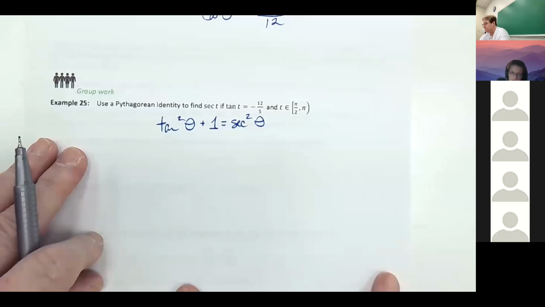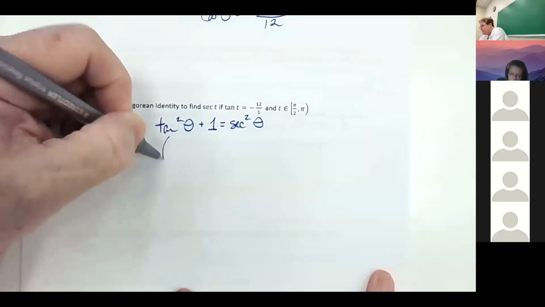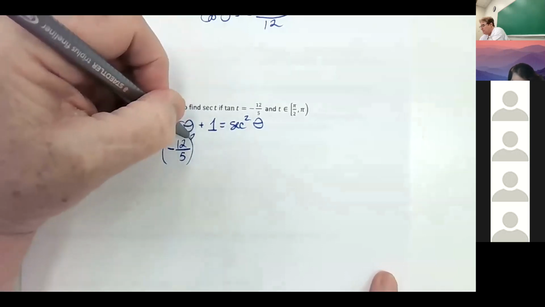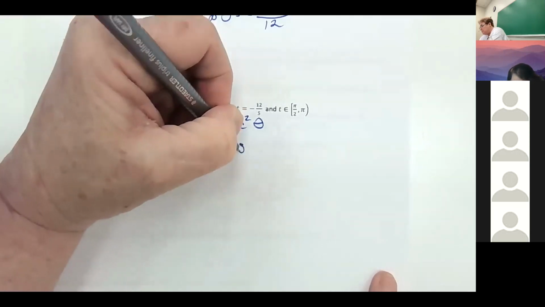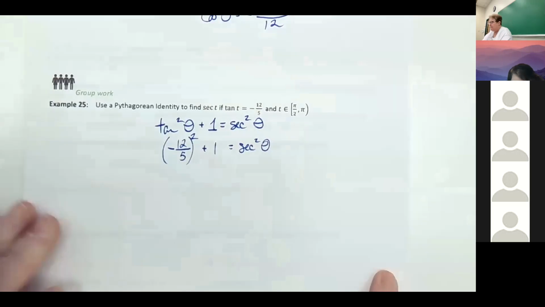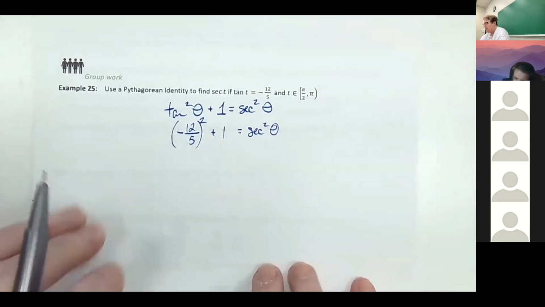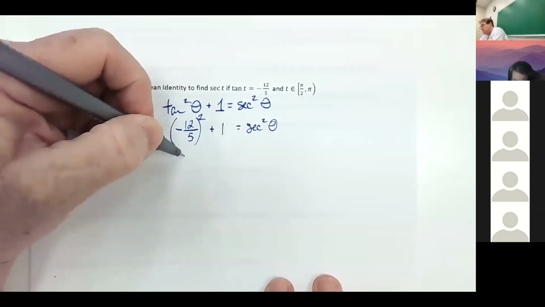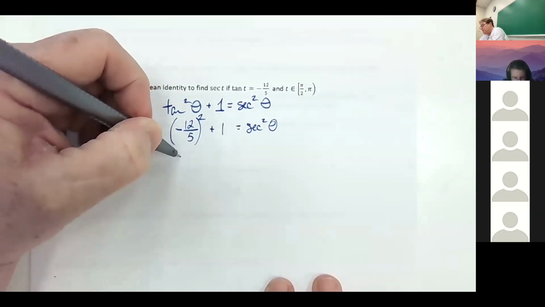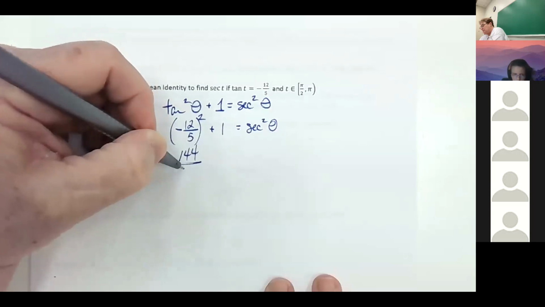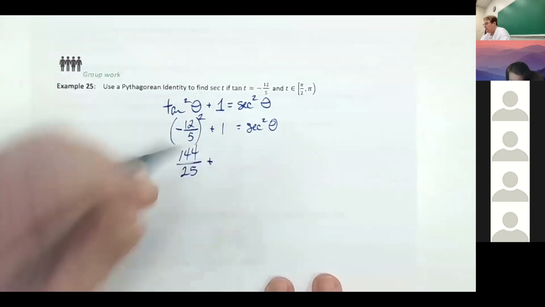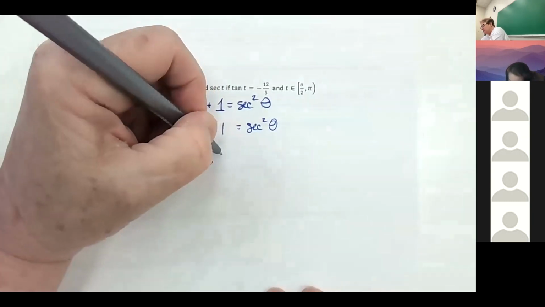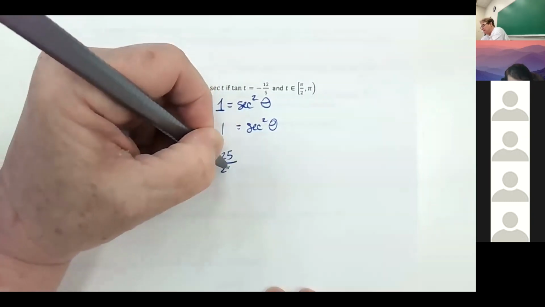Plug in the numbers for tangent. Excellent. All right. And negative 12 over 5 squared is, all right, good. And I'm going to write 1 as 25 over 25 so that I have a common denominator.